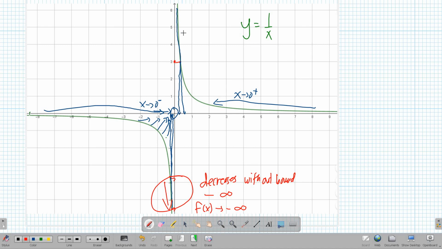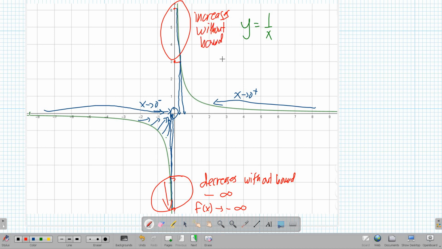It's way above, because the y value is here. So as your x values get closer and closer to 0 from the right, your f of x values this time increase without bound.